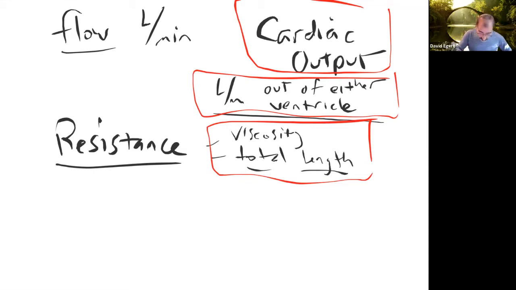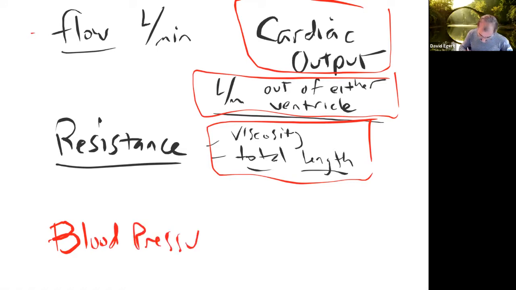And then the other part here, obviously, is the pressure. Blood pressure is basically the force that is keeping the flow moving. And sometimes we'll be talking about pressure more locally.